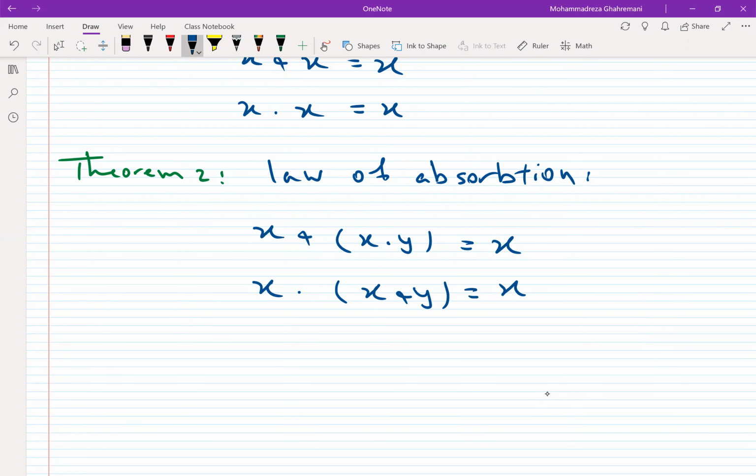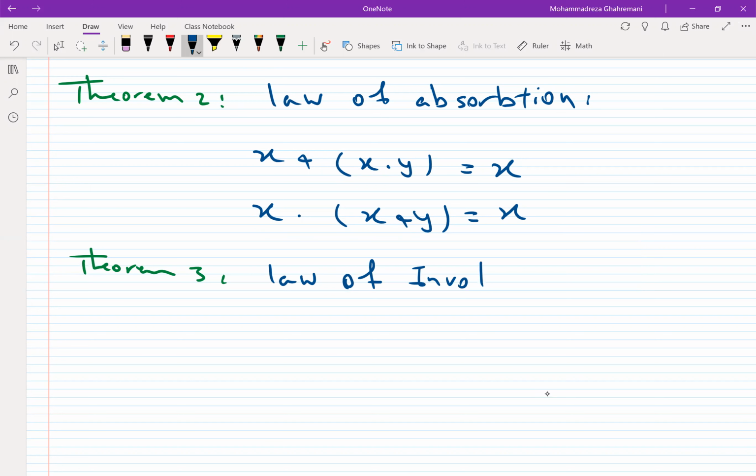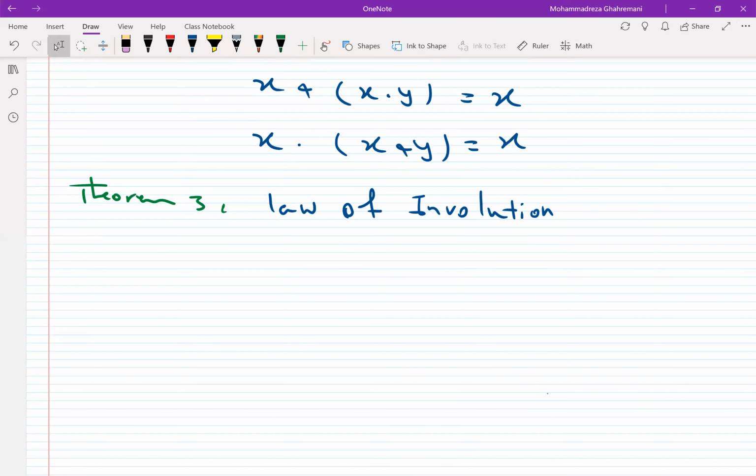So this one is law of absorption. The third theorem is law of involution. And it says that if you complement a variable 2 times, it will be equal to the variable itself. So x double bar is equal to x.